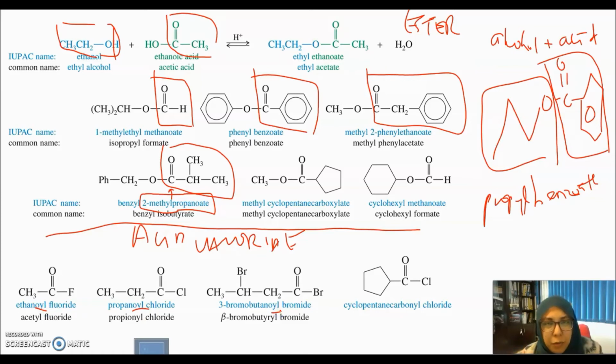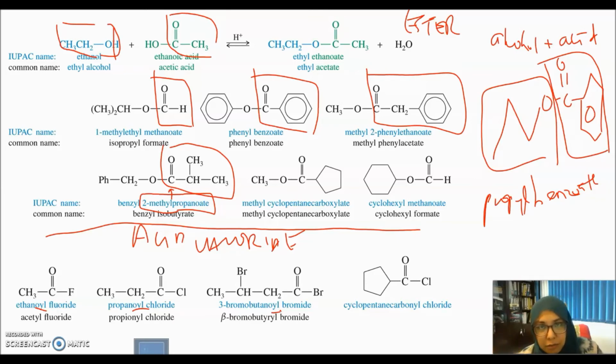Essentially, it derives from OIC, but you're just going to change it to YL. Like alkyl halide, you have propyl bromide, methyl iodide. But in this case of adding a carbonyl, you are going to change it to oyl. Ethanoyl fluoride, for example, propanoyl chloride.